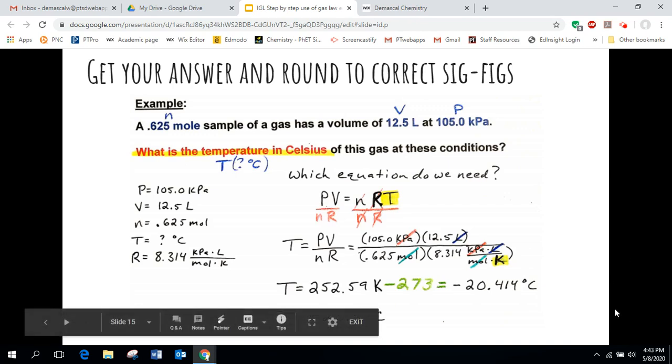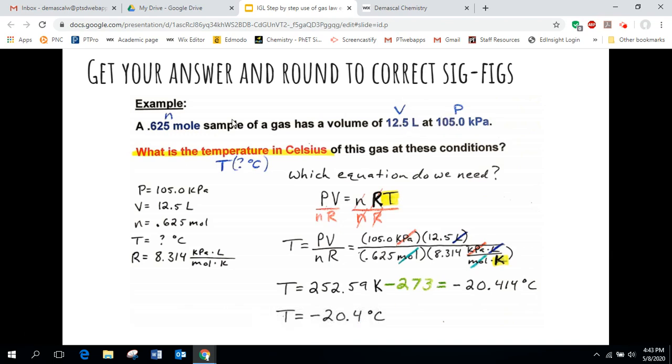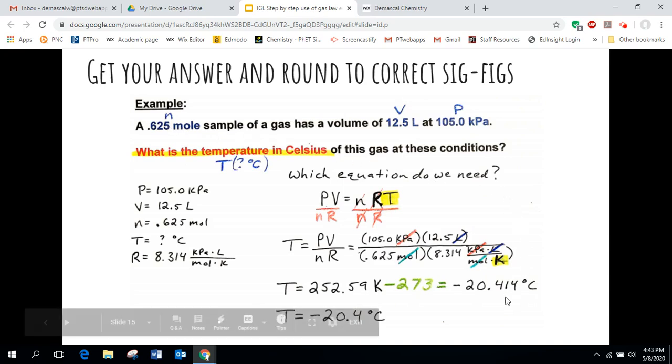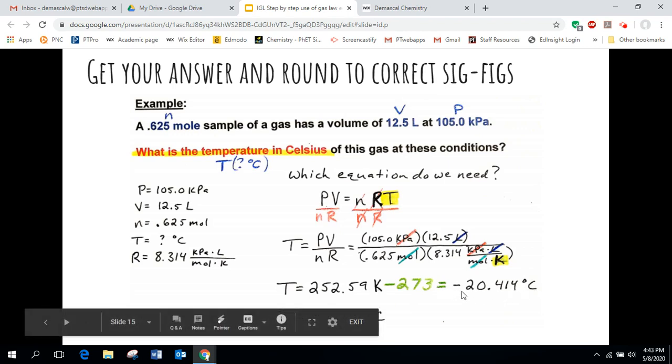Now, if we look at the sig figs up in our givens, there's 3 digits here, 4 digits, and 3 digits. When we go and round our answers to significant figures, you always move from left to right. Since the very first number we hit is a non-zero, we're going to keep that digit.